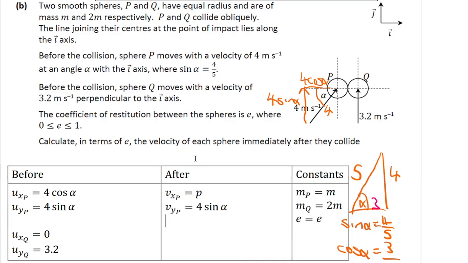So this property is how we are going to link these things together. Now we don't know what the Vx of q is, the speed of q after the collision, so I'm just going to call that q. And then we do know that the y of q equals 3.2.